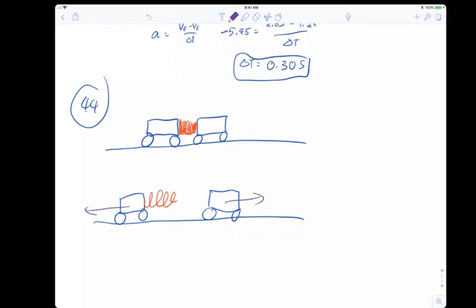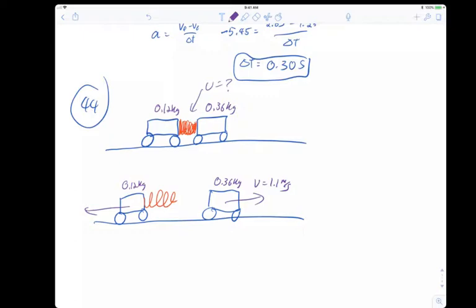This one is 0.36 kilograms and this one is 0.12 kilograms. That velocity is 1.1 meters per second. And we want to know how much energy the spring had in it before it sprung.